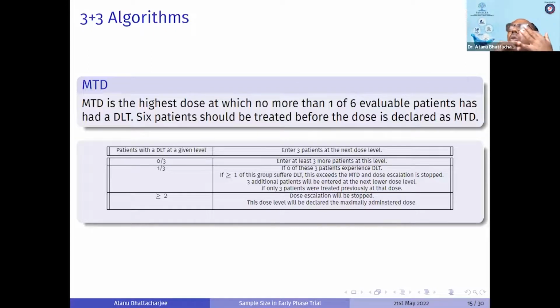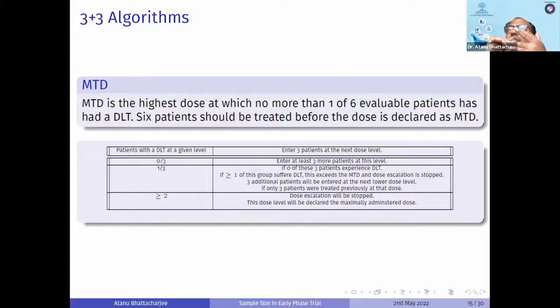Either no one will be having toxicity, secondly, one of them could be having toxicity, and thirdly, 2 or more than 2, meaning all of them, would be having toxicity. If none of them has toxicity, then we can proceed to the next dose level.